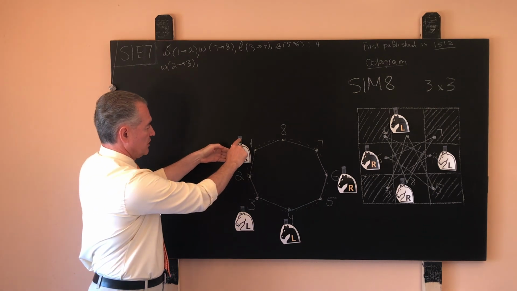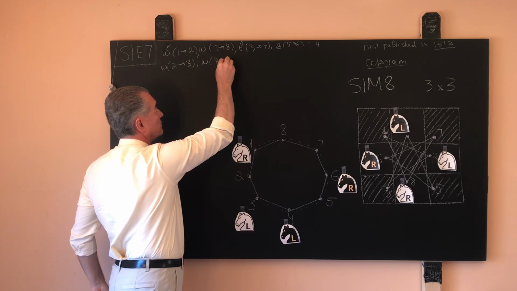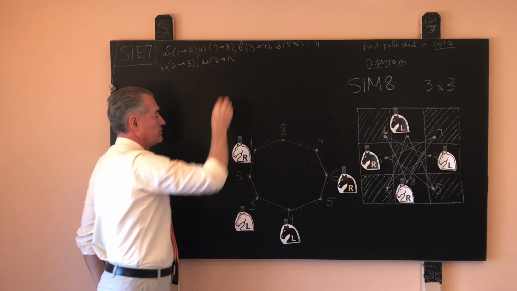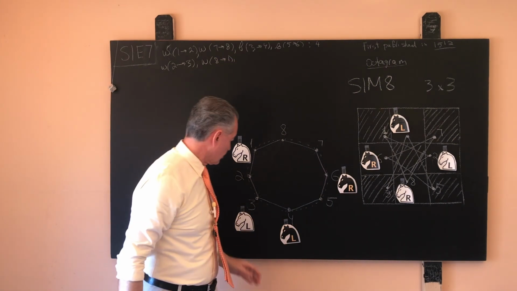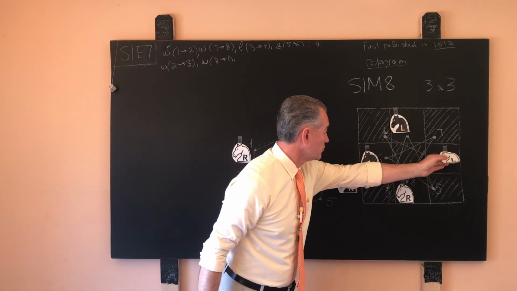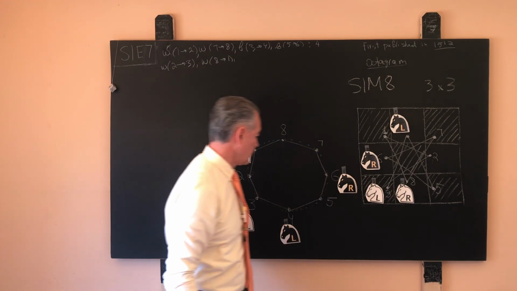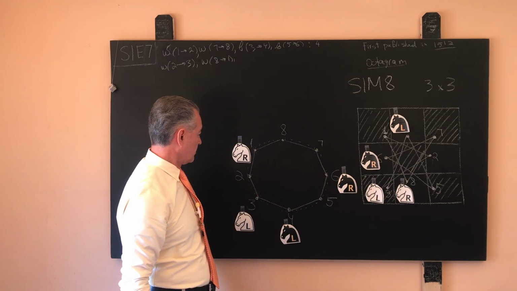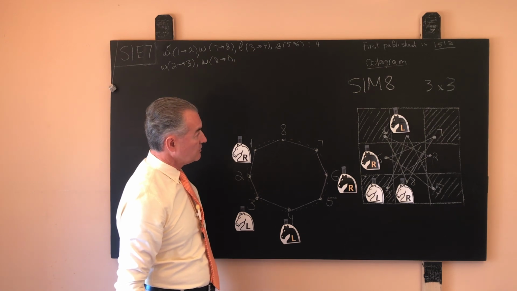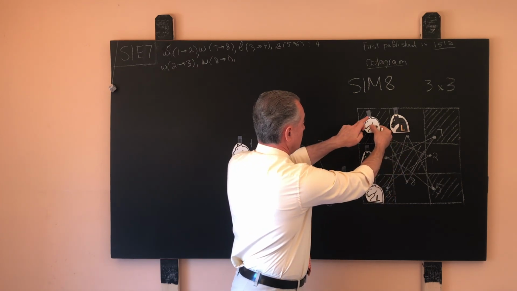Let's put him right here. White goes from 8 to 1. On the actual board, the guy who went from 2 to 3 went from 2 to 3 over here. We'll trace this guy.